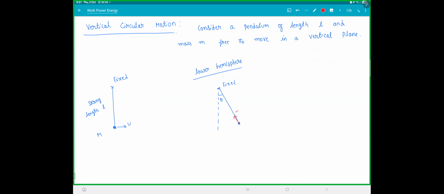We have tension T, we have mg cos theta, and then we have centrifugal force. You will notice the tension is mg cos theta plus mv square by L, meaning tension will never be zero. So basically in the lower hemisphere, tension can never become zero because both are acting in the same direction. String will always be tight. The problem starts once you go into the upper quadrants.